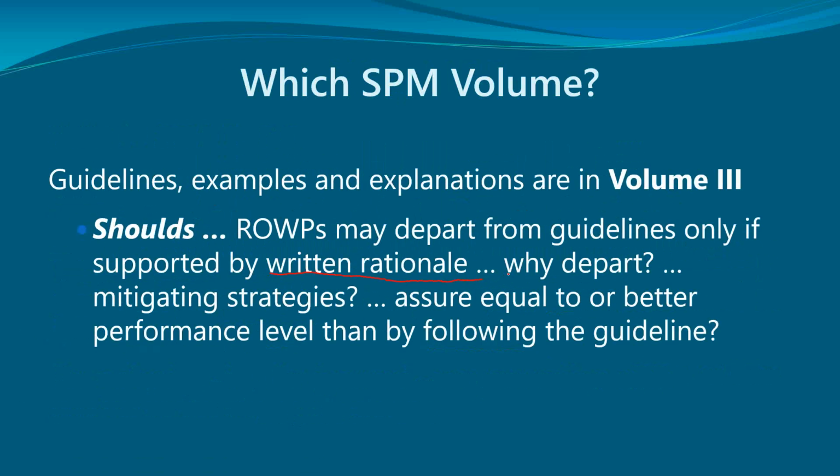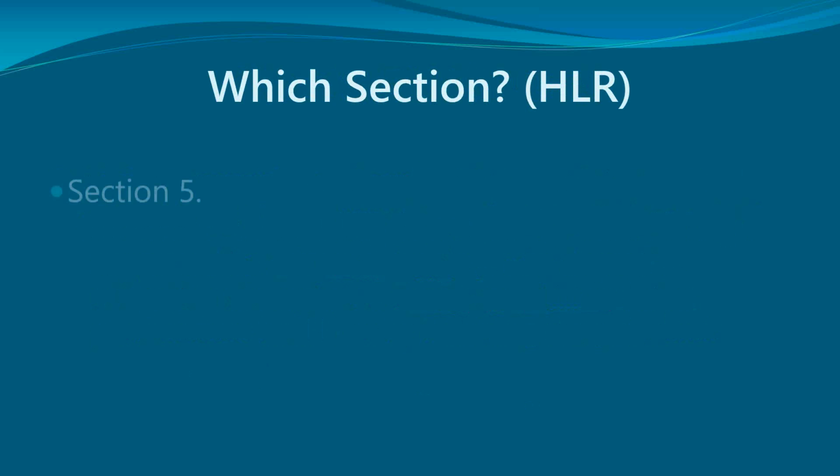And that written rationale has to say why you couldn't follow linear loading, for example, what the mitigating strategies are, and some assurance of equal to or better performance than by following the guideline. I'm going to move on because we've done that in all the other 3 webinars, but that's the brief version. So the topic is how to find these things. It's in section 5 in both volume 2 and volume 3.